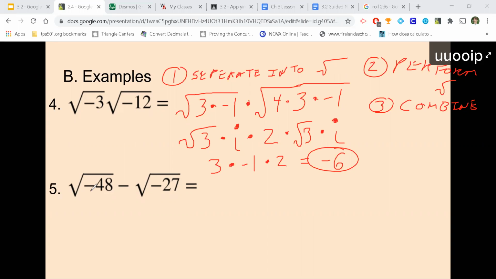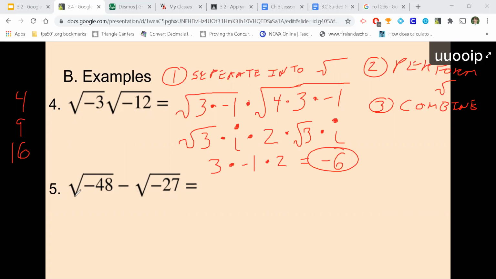Okay. All right, 48. We're going to separate this into stuff that I can't square root. What is the biggest perfect square that divides into 48? Let's see. Does 4 go into 48? Does. But is it the biggest? No. Does 9 go into 48? What's another? Like 4 squared would be 16, right?